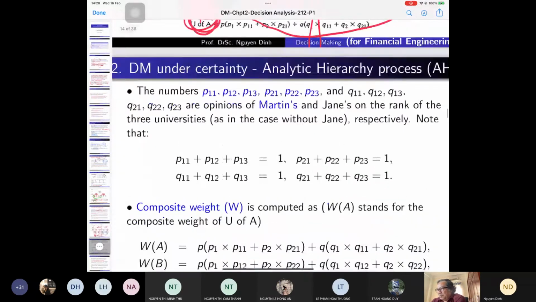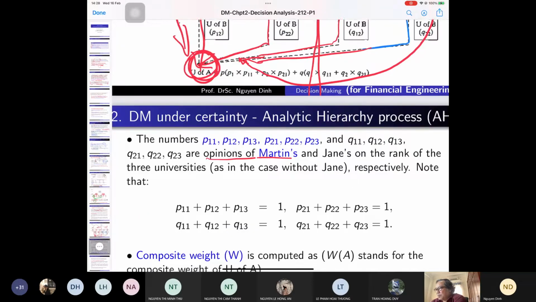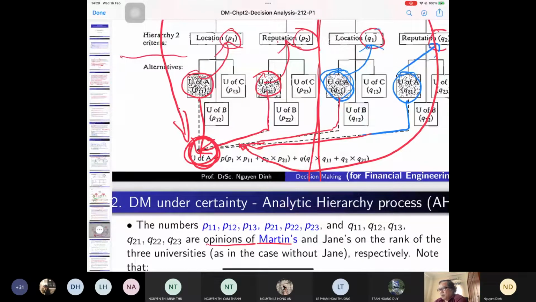And here, the numbers P1, P2, the opinion of Martin, and the change rank P11, P12, P13. Look here.